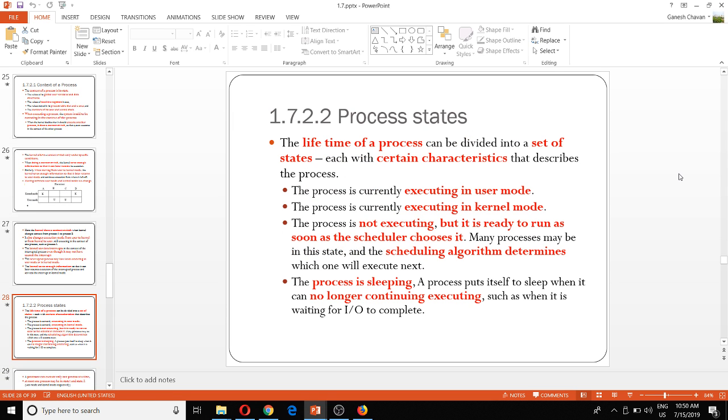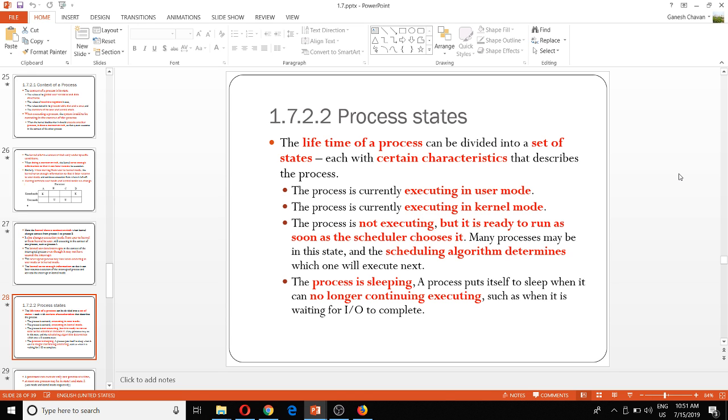The kernel saves enough information so that it can later resume execution of the interrupted process and services the interrupt in kernel mode. Process states: the lifetime of a process can be divided into a set of states, each with certain characteristics that describe the process. The process is currently executing in user mode. The process is currently executing in kernel mode. The process is not executing but it is ready to run as soon as the scheduler chooses it.